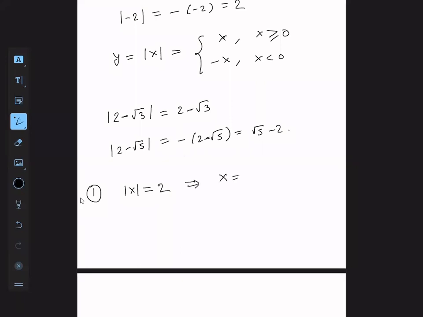The x must be equal to plus or minus 2. x is either 2 or x is minus 2. Modulus of 2 is 2, modulus of minus 2 is also 2. So if you remove modulus, then always put plus minus on the right hand side.